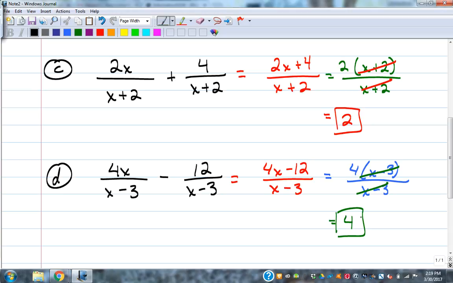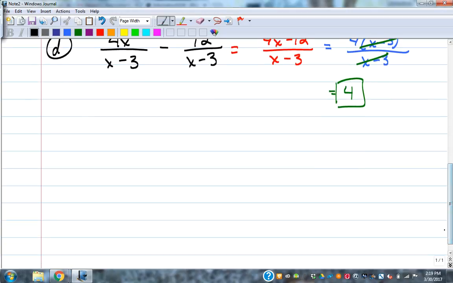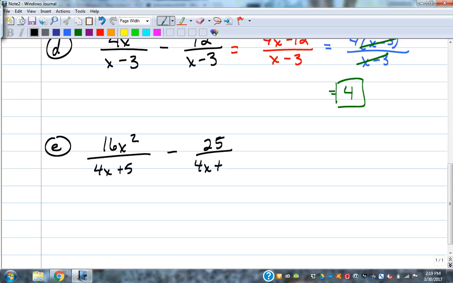That big ugly problem turns into a nice number for us. That's nice. Let's step it up just a little bit. 16x squared over 4x plus 5 minus 25 over 4x plus 5. Denominator already the same, so we just do the work on top. 16x squared minus 25 over 4x plus 5.